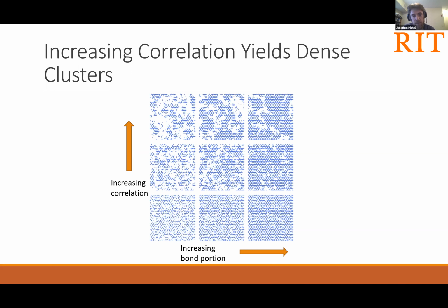So moving upward, you see the network kind of segregate into these dense clusters tethered to one another by slender bridges. So now I'd like to ask, what's the consequence of this kind of spatial modulation for the shear mechanics?